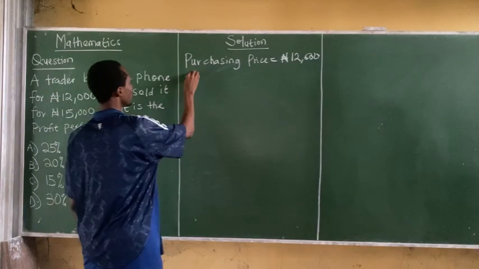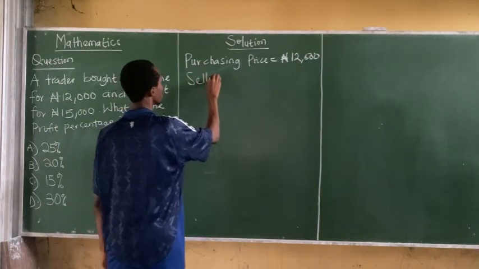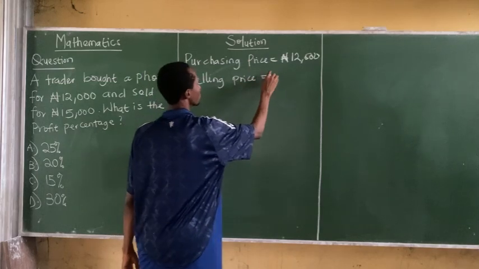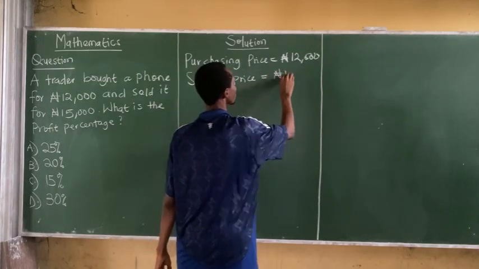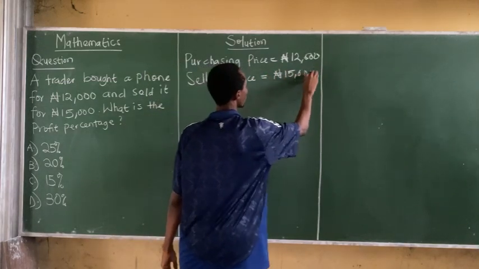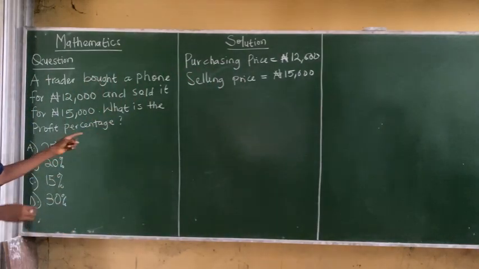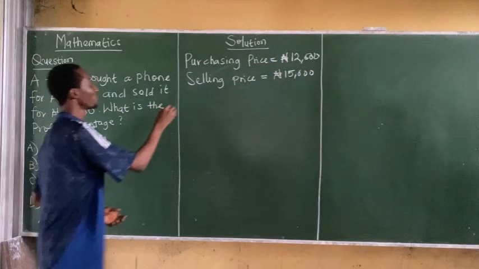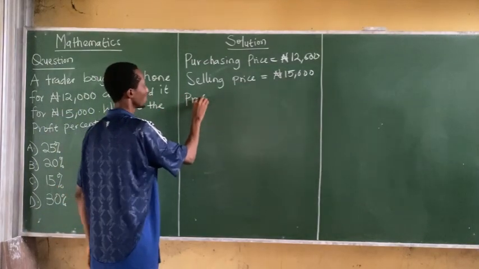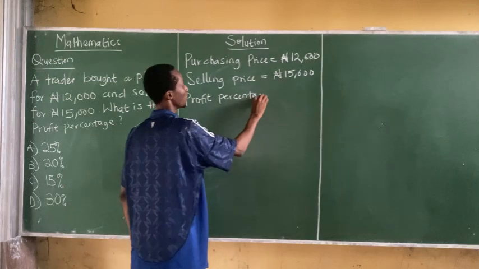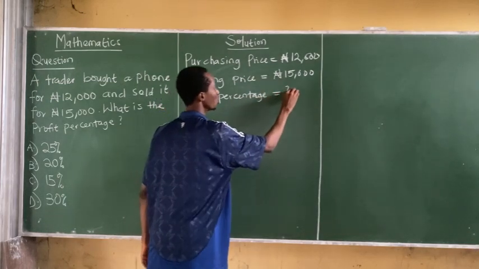So we have the selling price is 15,000 naira. What is the profit percentage? So the profit percentage is unknown.